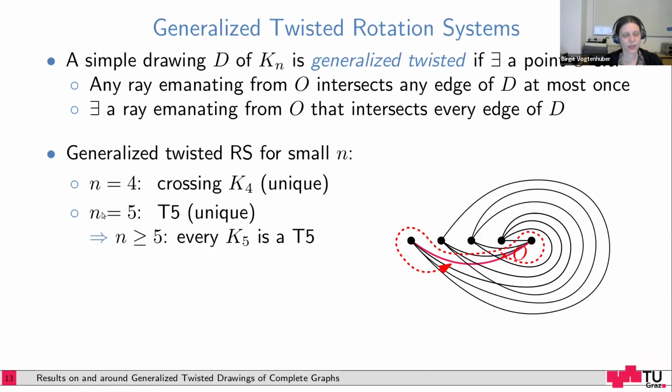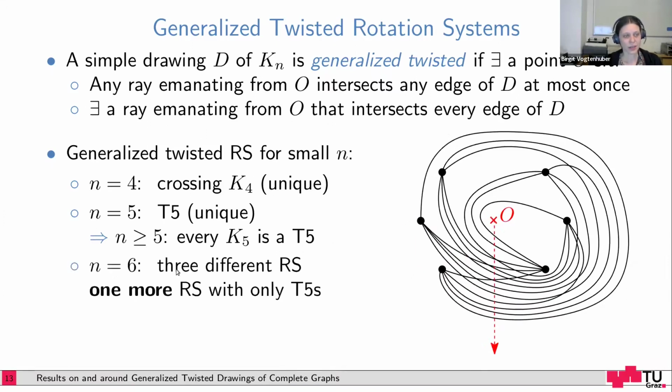So for n equal 5, we have only one unique drawing that is generalized twisted. And as every subdrawing of a generalized twisted drawing is generalized twisted, we know that if we have n at least 5, then every 5 tuple, every induced K5, has to form a T5 in the rotation system.